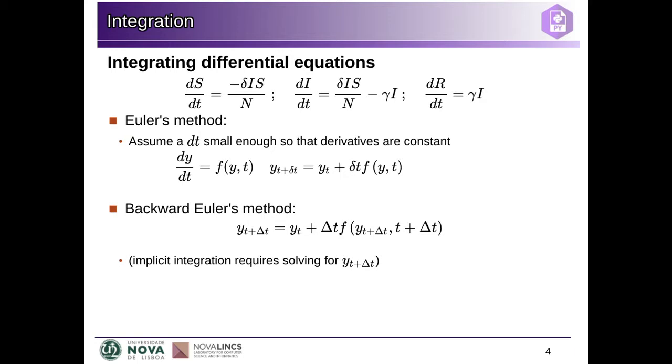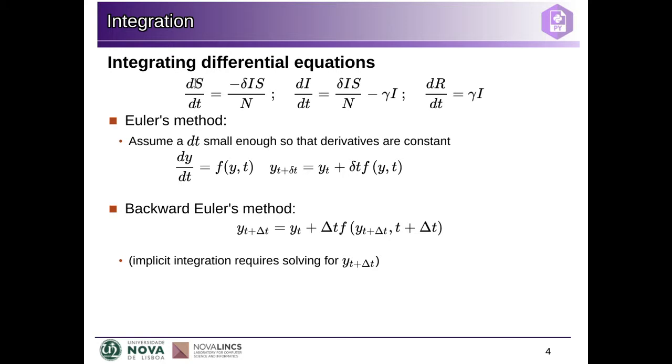So let's take this SIR model. This is a compartmental model for epidemiological modeling. It's a very basic model. Usually epidemiologists use more sophisticated versions of this.